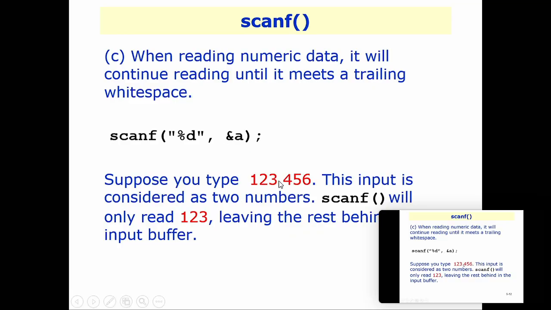So if you add a space, this 123 is considered as a separate number. So there are two numbers. But if you have a single %d specifier in the scanf, this 456 is considered as a second number, so only 123 will be stored in variable A.